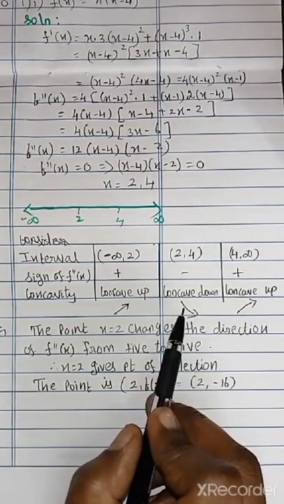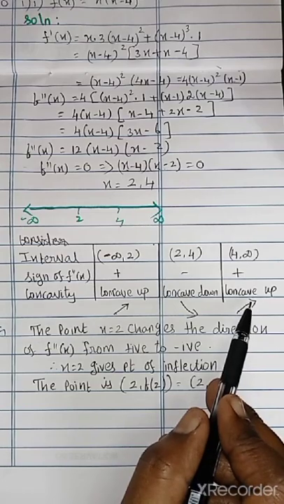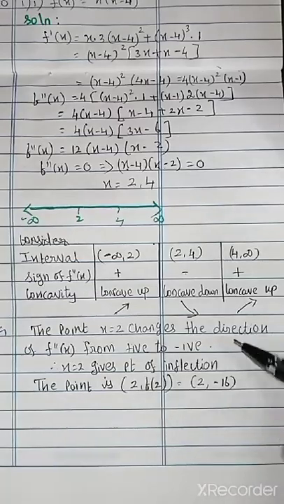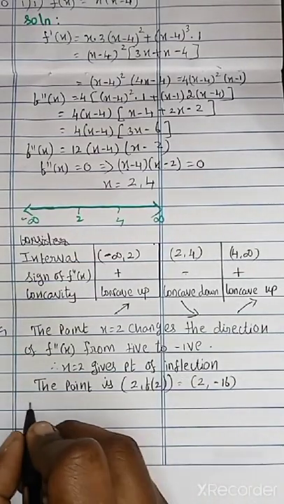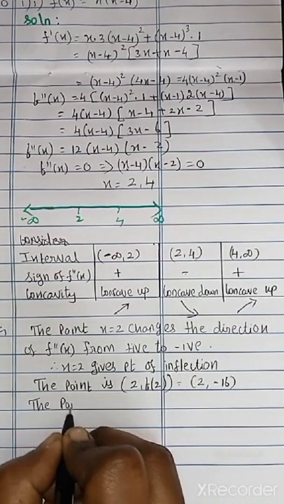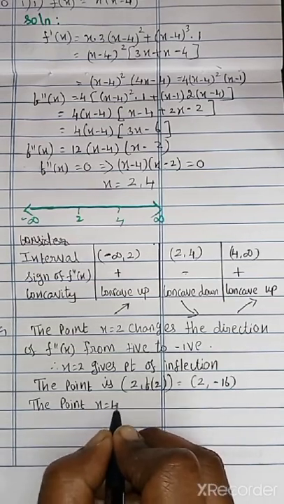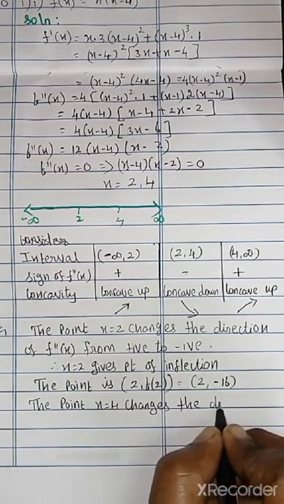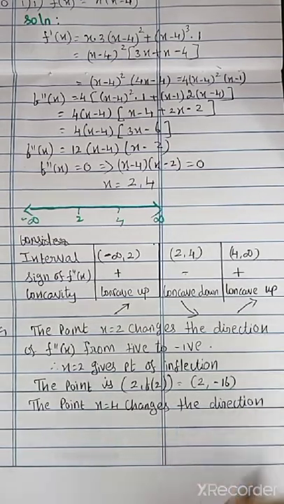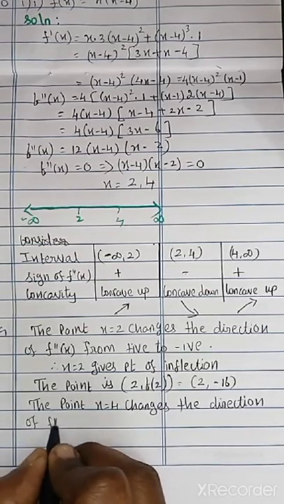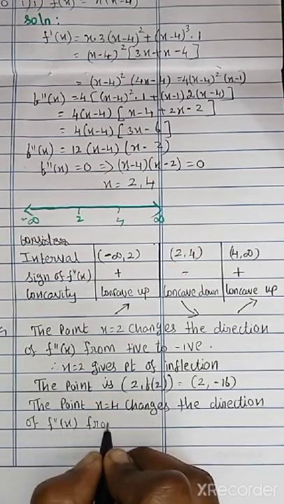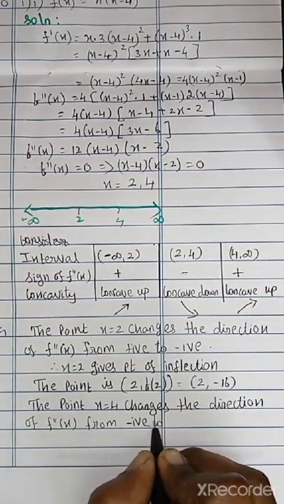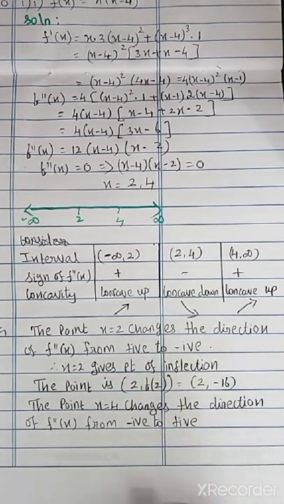Okay, now again here it comes down and then changes from negative to positive. Again you have to write at what point: x equal to 4. So you have to write as it is, the point x equal to 4 changes the direction of f double dash of x from negative to positive. Right?